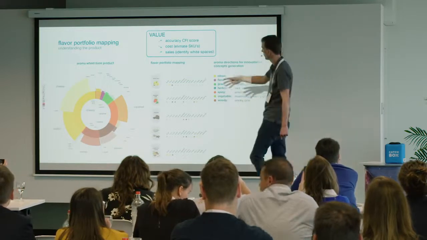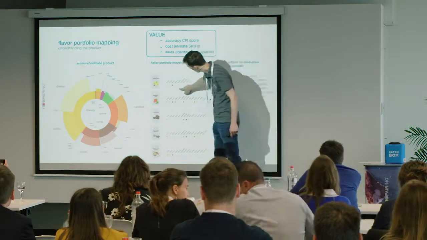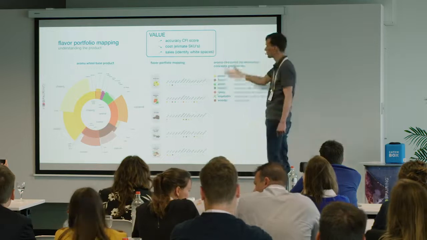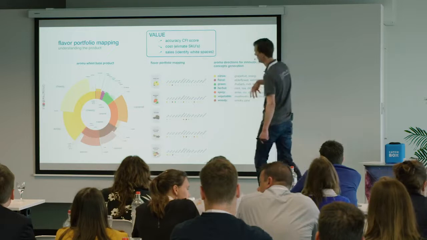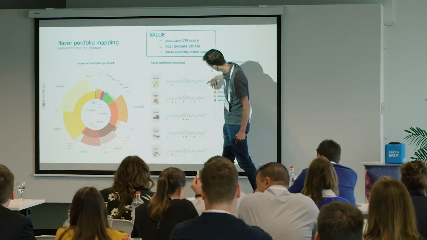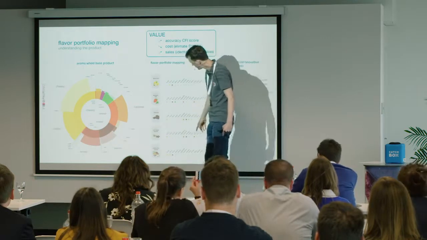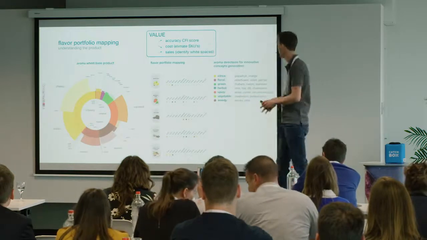For example, if we look at this ice cream, there's no product in your portfolio that has clear herbal notes. The same for woody. That can help you in defining white spaces.